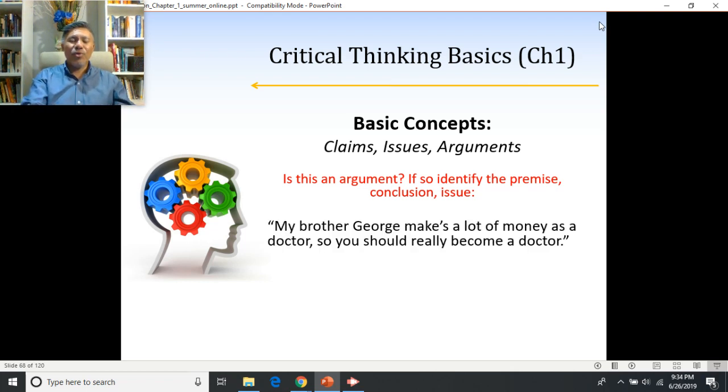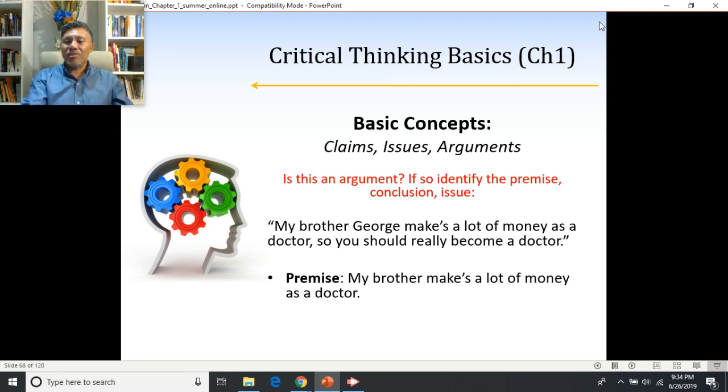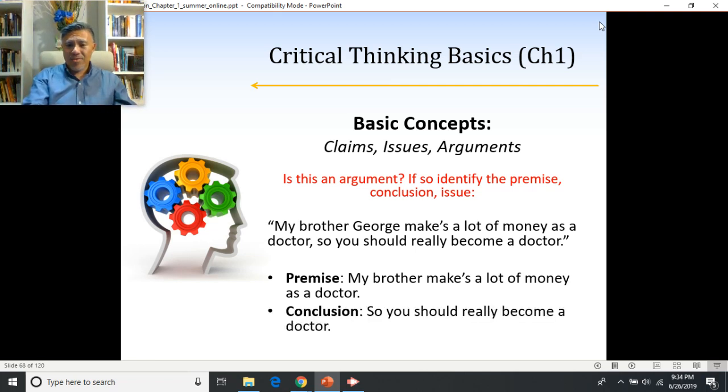Okay, so if I said something like, my brother George makes a lot of money as a doctor, so you should really become a doctor, the premise is that my brother makes a lot of money as a doctor. That's my reason to make you believe that you should become a doctor, right? That would be the conclusion.